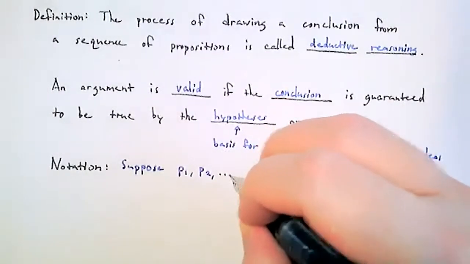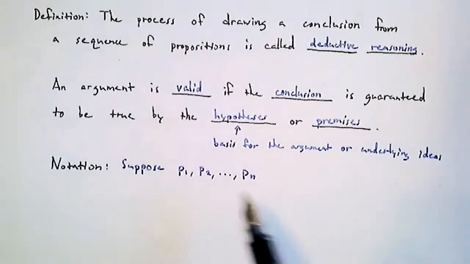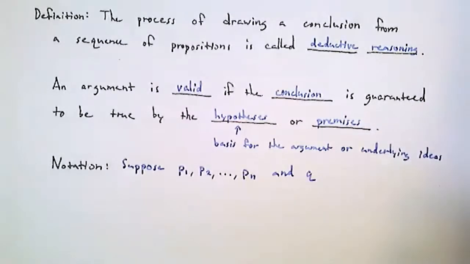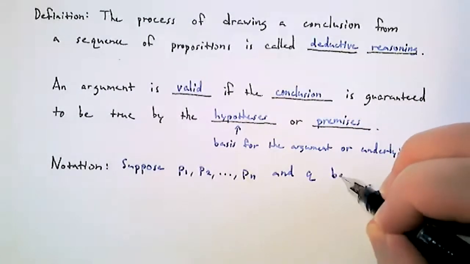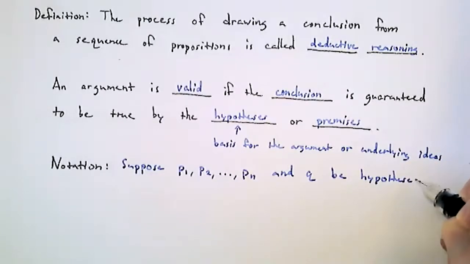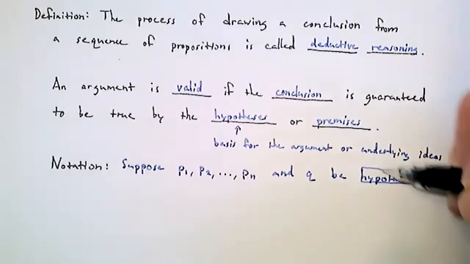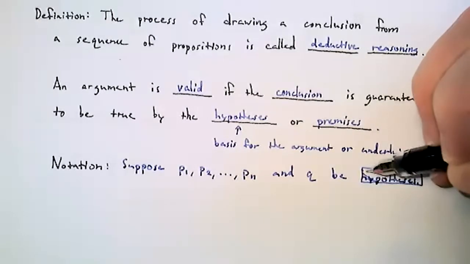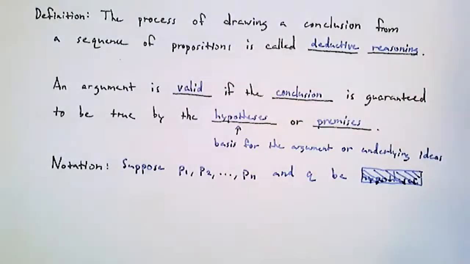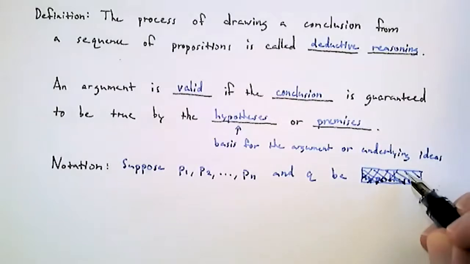So we could have lots of hypotheses. That's what these letters are going to represent. And my conclusion I'm going to call Q. Oops. I'm not sure if you've ever done this before, but if you try to talk and write at the same time, sometimes you end up writing what you're saying instead of writing what you should be writing.